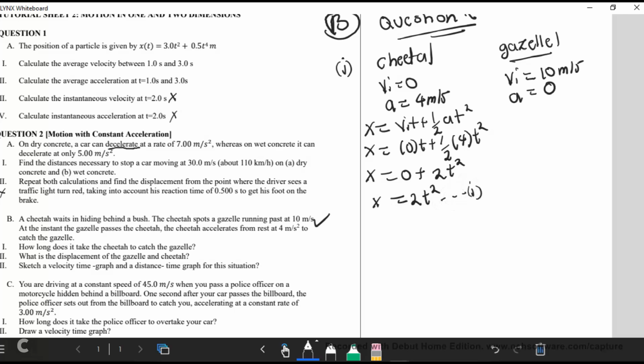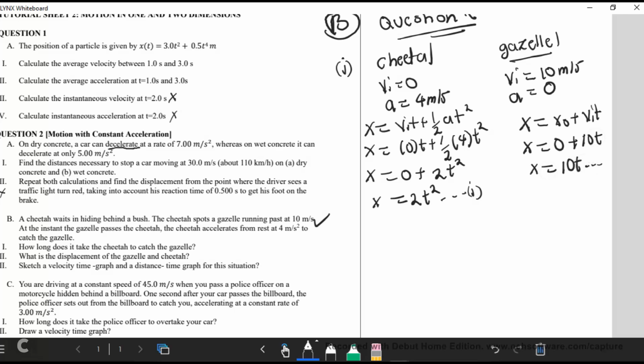Let's find the equation 2 for the gazelle. You can just use this formula, which is x equals v t. x is equal to the initial displacement 0 plus the velocity, which is 10. Then x is equal to 10t, just like that.